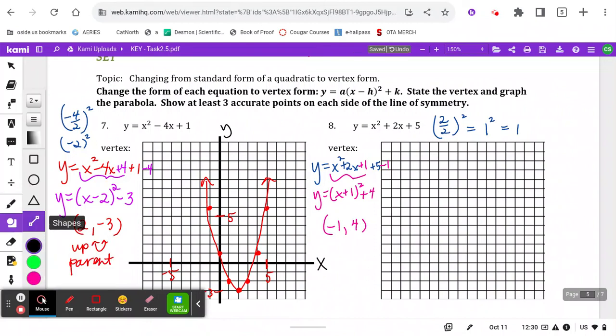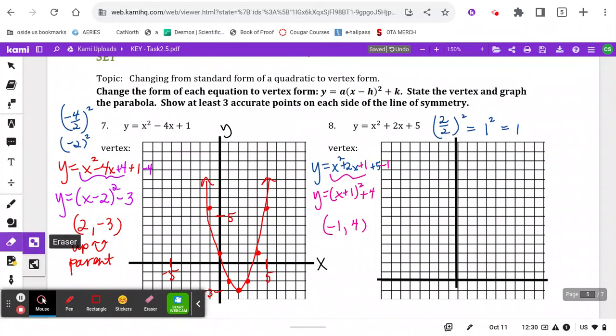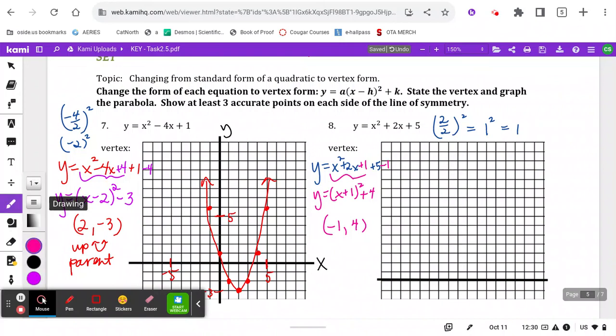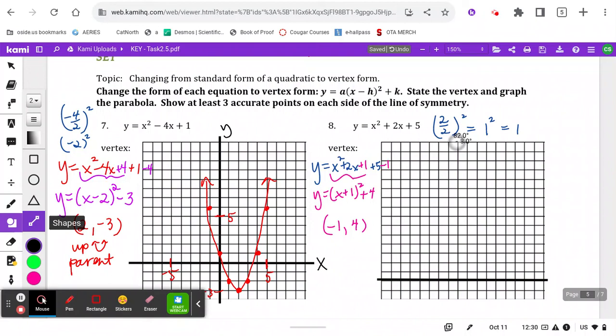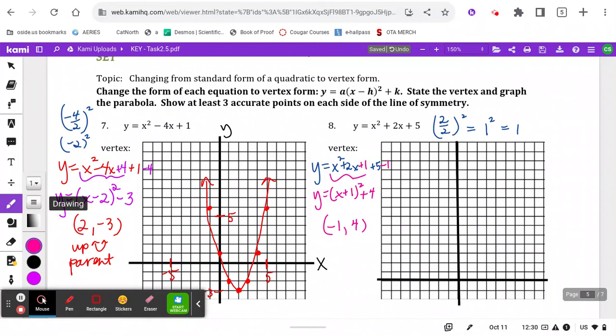Go ahead and graph it. Label and scale your graph.